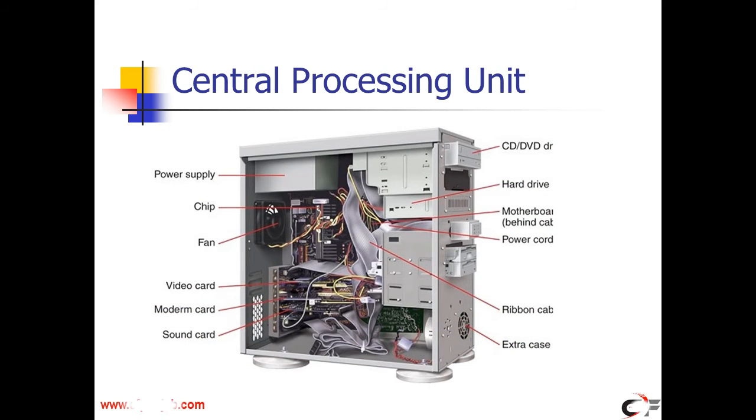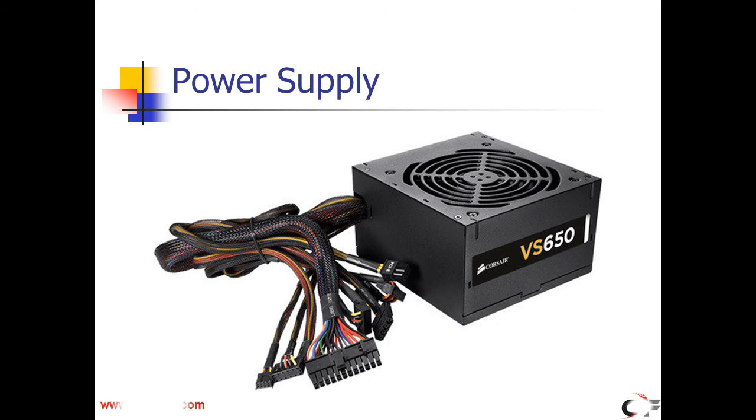The central processing unit contains the major components of the computer. A power supply unit converts main AC to low voltage regulated DC power for the internal use of components of a computer. All components of CPU are attached to SMPS for their power needs.